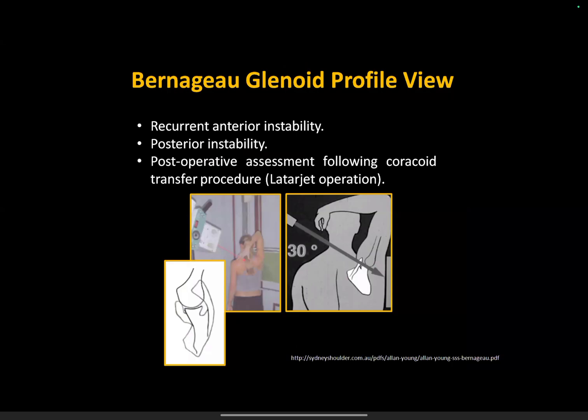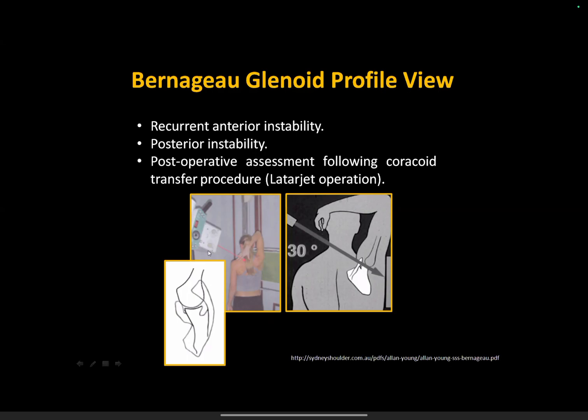Another useful view when we come to evaluate anterior shoulder dislocation is the Bernageau glenoid profile or the West Point view. This is quite useful for recurrent anterior instability, posterior instability, and post-operative assessment following the coracoid transfer procedure, which we call Latarjet.